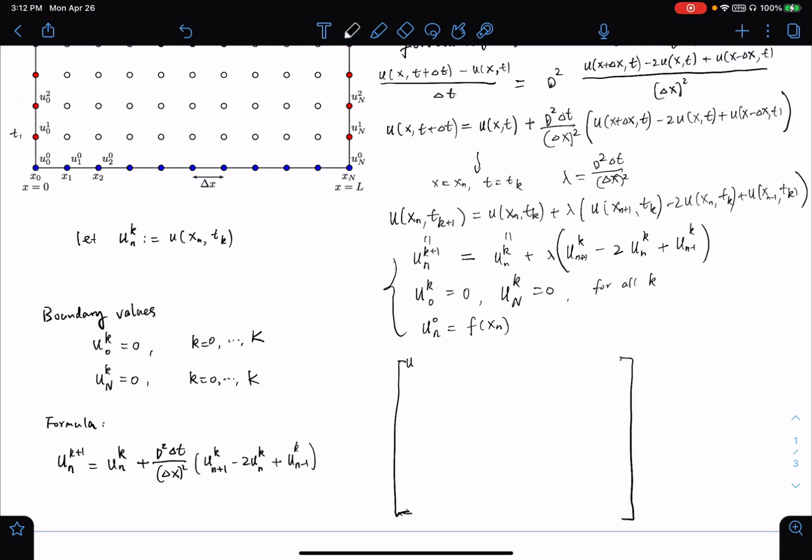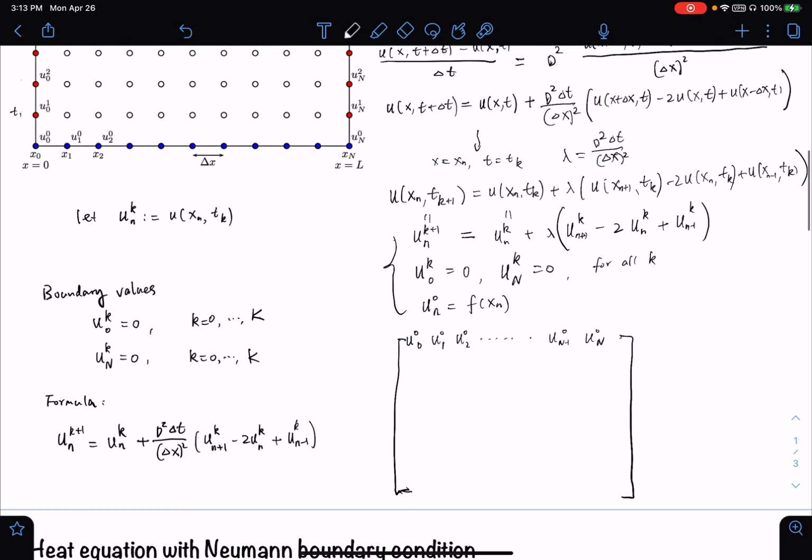So for the initial time step where t is 0, you know the values at x0, x1, x2, all the way up to the values at n minus 1 and xn, which is equal to L.